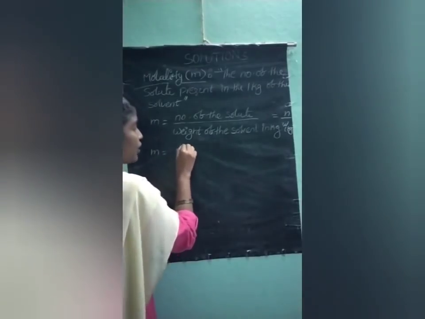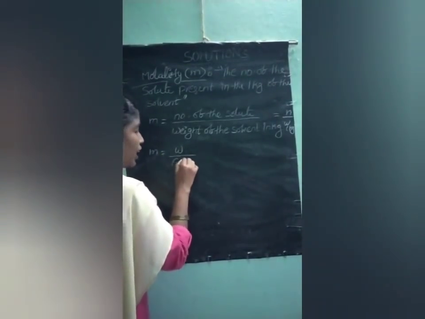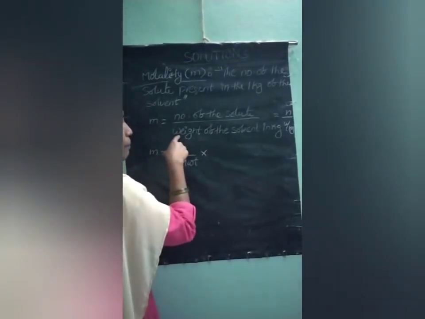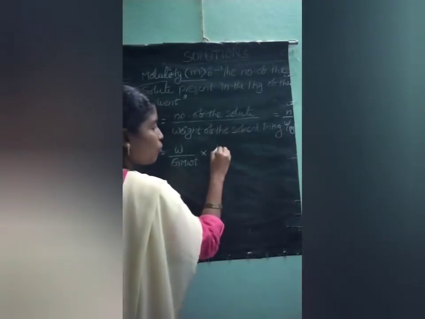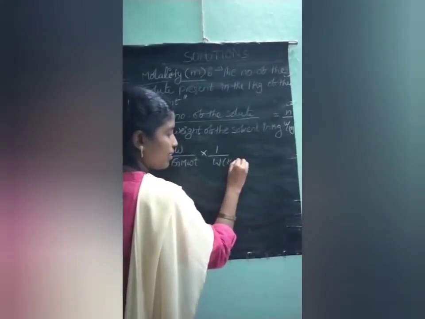So weight of the solute W by gram molecular weight of the solute into 1 by weight of the solvent in kilograms. This is another formula for the molality.